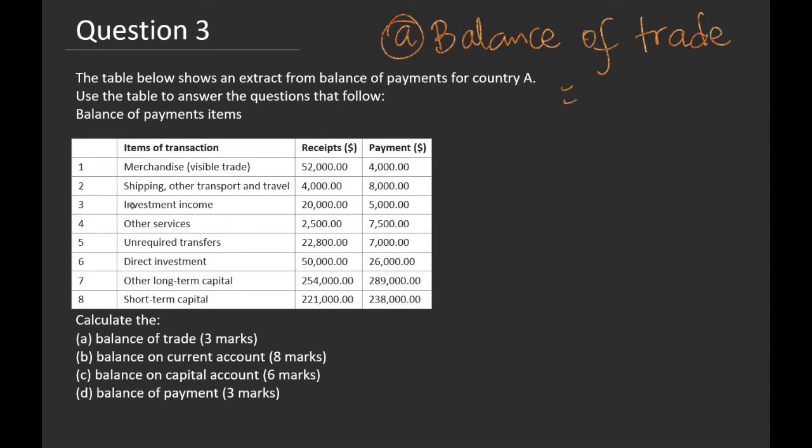Balance of trade is equal to exports of goods minus imports of goods.